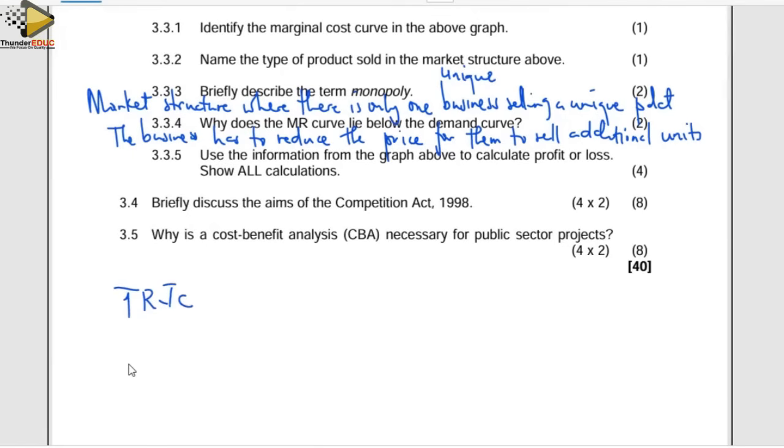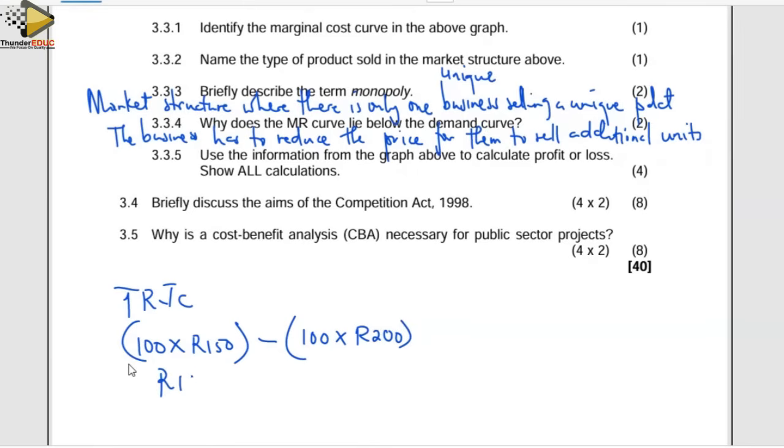Our total revenue is 100 units sold at a price of 150. We subtract the same quantity, 100, produced at a cost of 200 per unit. So we are seeing the disparity there.